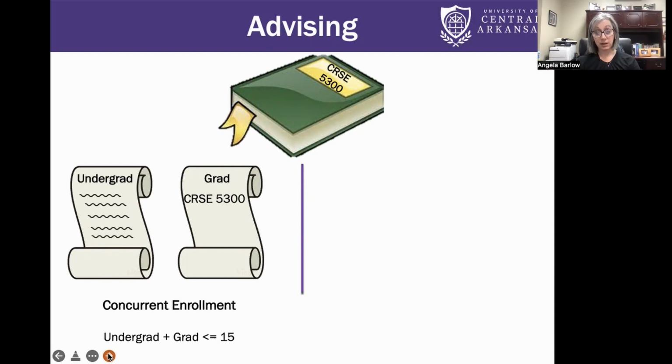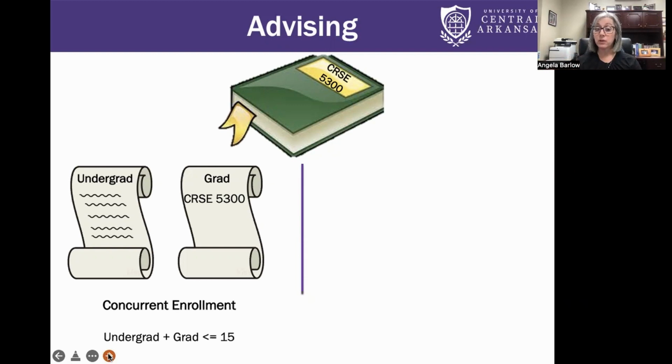One I have written down right here, and that is that the total number of undergraduate hours that they're taking in that last semester, plus the number of graduate hours that they're taking in that last semester, has to be less than or equal to 15 hours. That is definitely a part of the conversation that you all would have to have with a potential concurrent enrollment student.